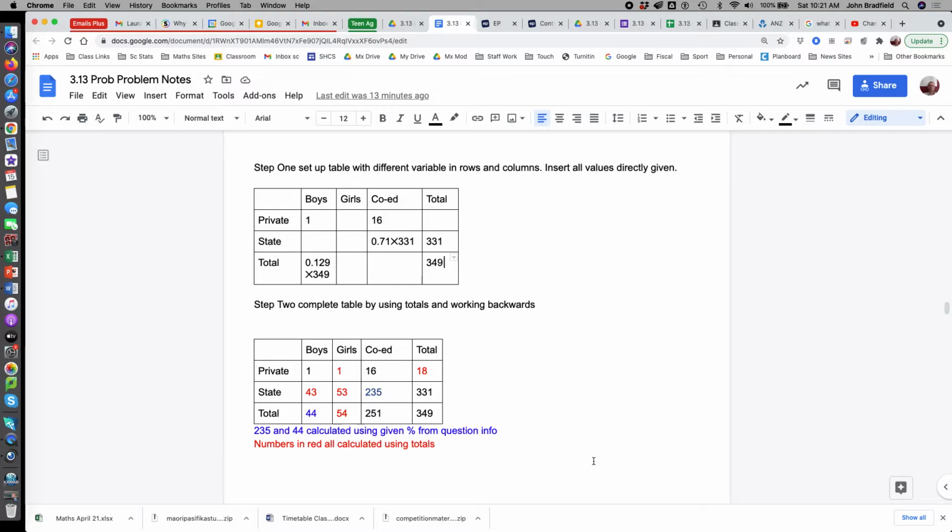So once we know the 44 and the 1 in the boys column, we can put the 43 straight in. We can just work our way backwards. We're told that there's 331 that are state schools, so we will work out there's 18 that are private in this survey, and then we can work out the 1 for the girls because we've got the co-ed and the boys and so on. So numbers in red, we work backwards.